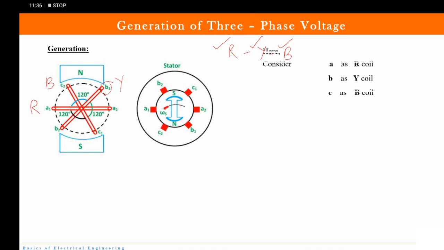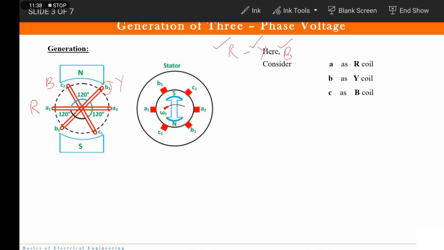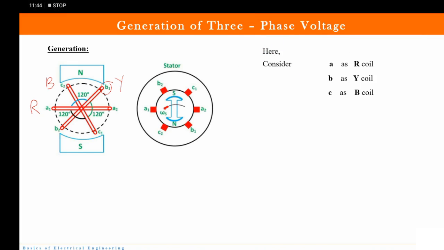Fine. So let us derive the equation now. As I have said, A represents the R coil, B represents the Y coil and C represents the B coil. These are the standard names for those coils. So basically this is how the signals were represented.